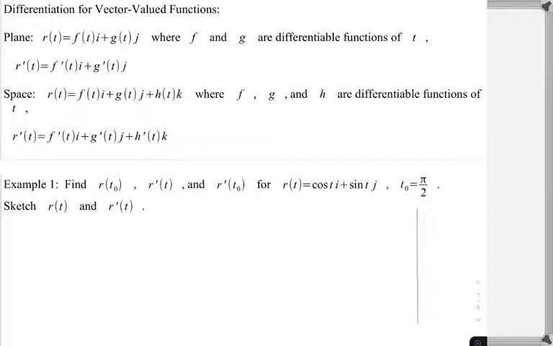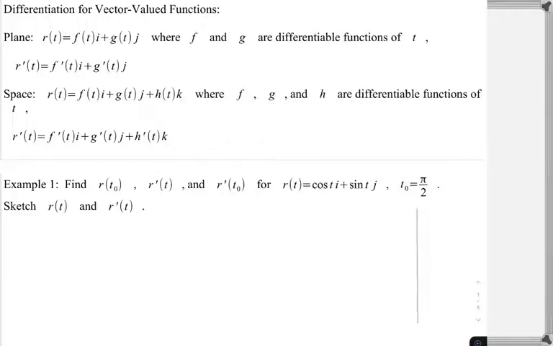And then in space, r of t is equal to f of t i plus g of t j plus h of t k, where f, g, and h are differentiable functions of t. Then the derivative, r prime of t, is equal to f prime of t i plus g prime of t j plus h prime of t k.